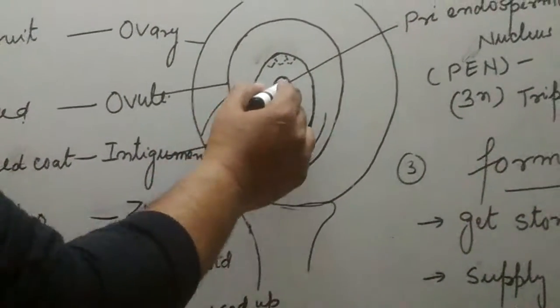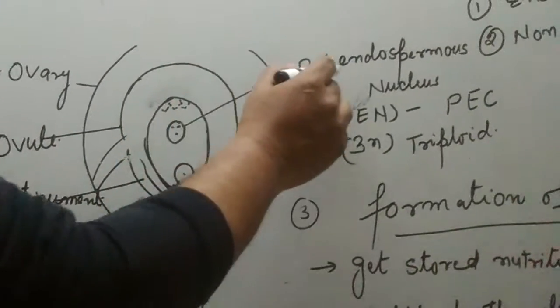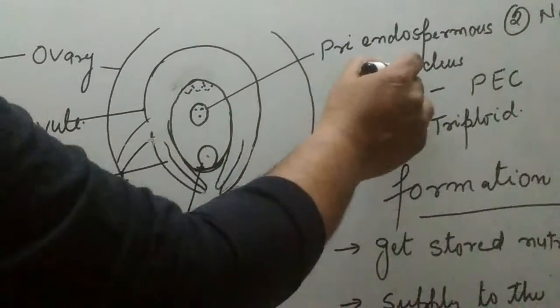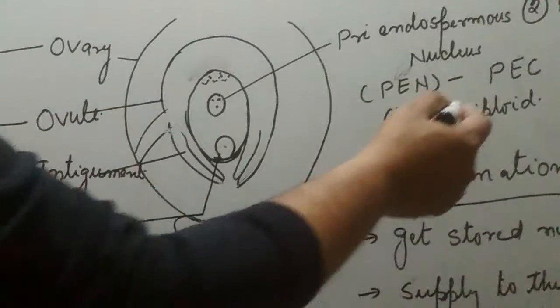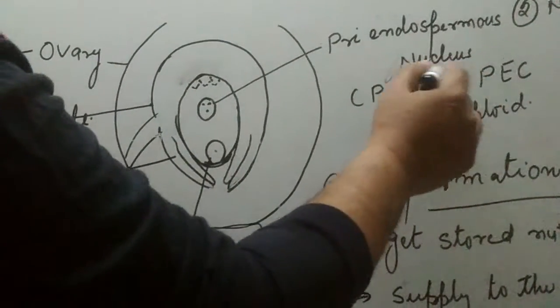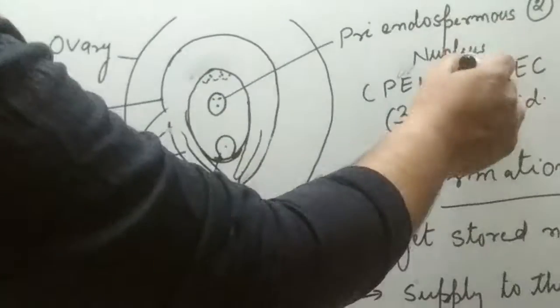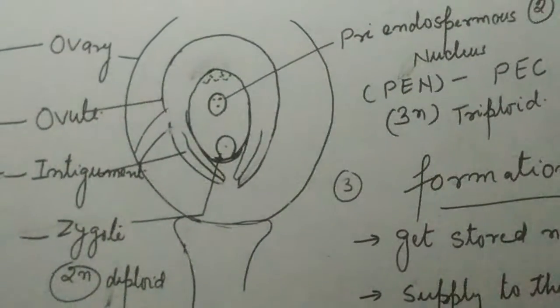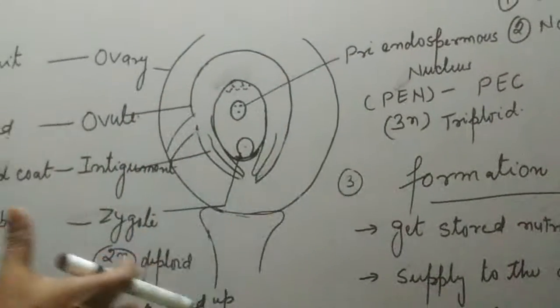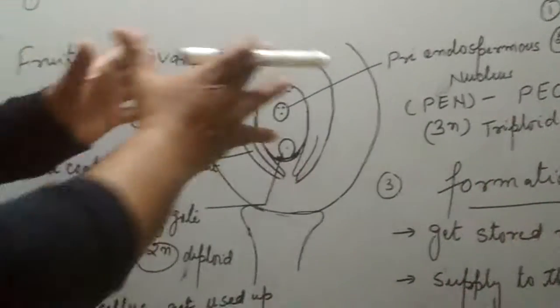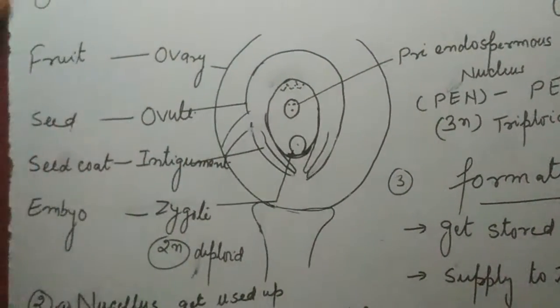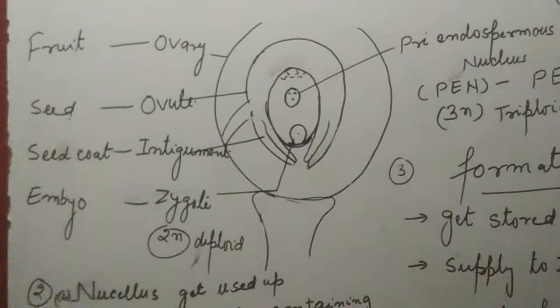And this primary endospermous nucleus finally converts into primary endospermous cell, and it forms the endosperm. So these are the different changes that take place inside the ovary, called post-fertilization.